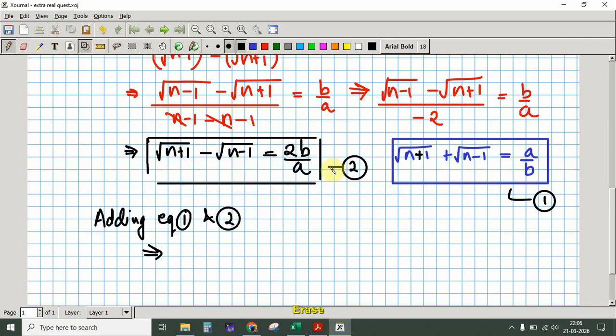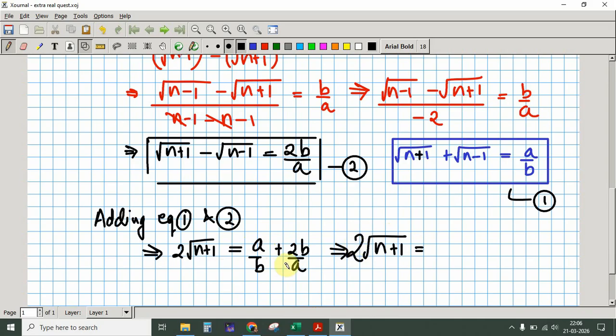This quantity plus this quantity gives 2 times square root of n plus 1, and nothing on this side, so 0, equals a upon b plus 2b upon a. So what I have here is 2 square root of n plus 1 equals this.